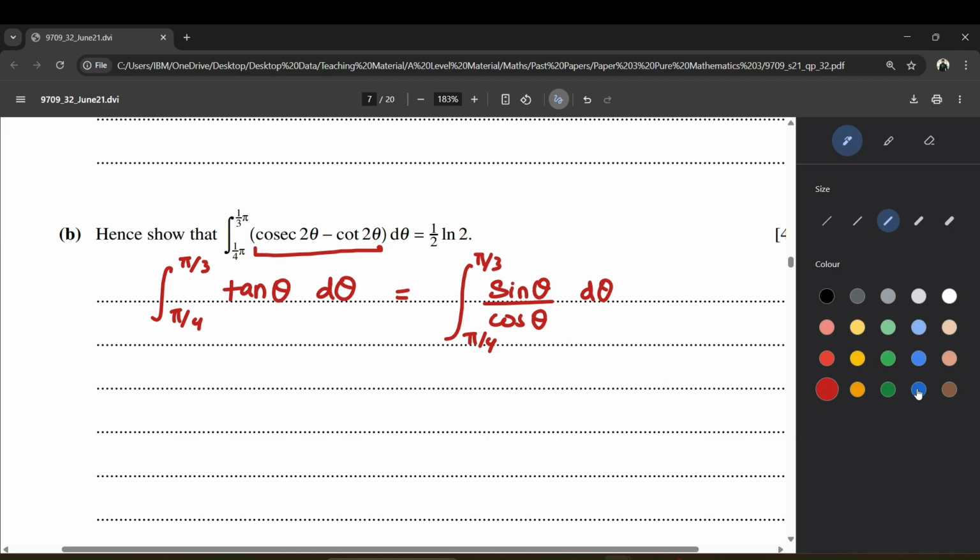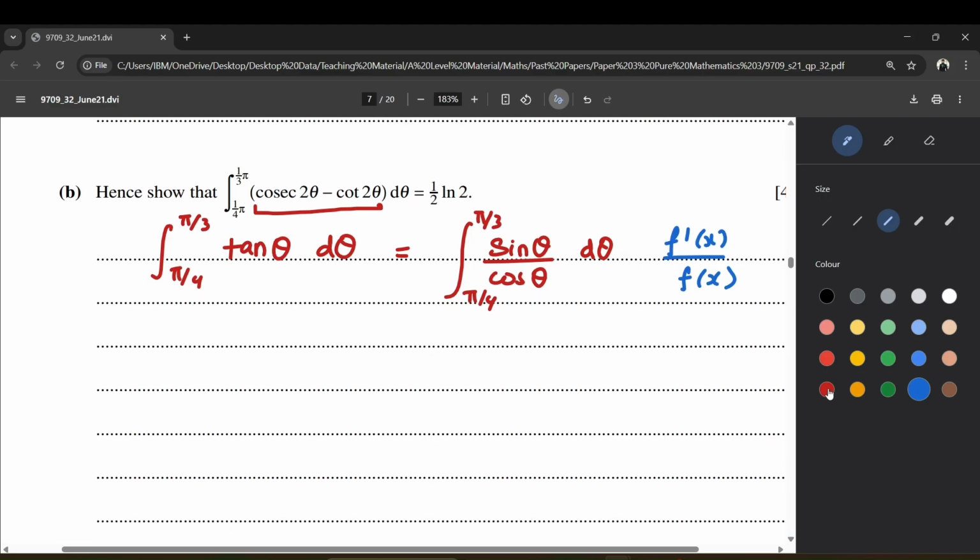Now you can notice that this is in the form f dash x over f of x, except that we have to make some minor adjustments here. Our original function is cos theta. The derivative of cos theta is minus sine theta, but we do not have a minus over here, so we have to put the minus in order to bring it into this form.